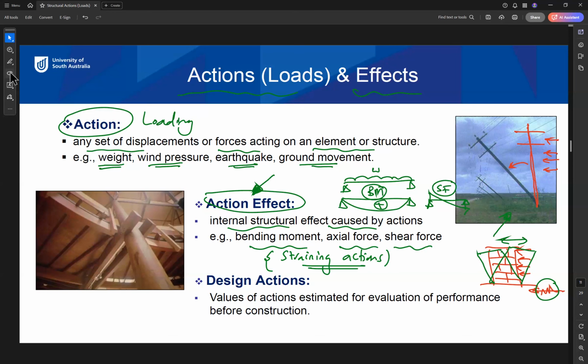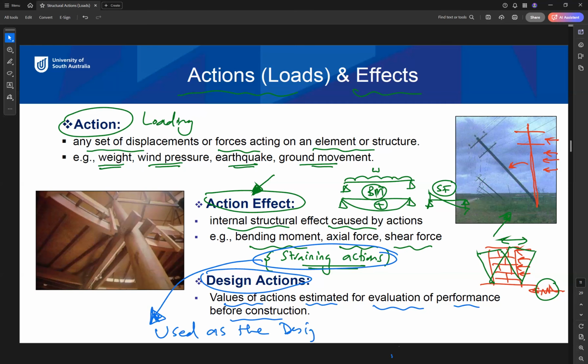Okay. The last term we should know is the design actions, which are the values of action estimated for evaluation of performance before construction. So the design action, we will take from the straining action. So the straining action will be used as the design action, but with some modification, because sometimes in the design you need to take a margin of safety.